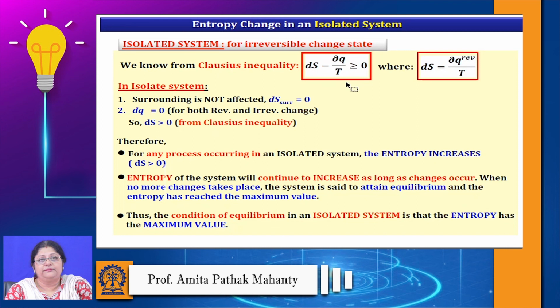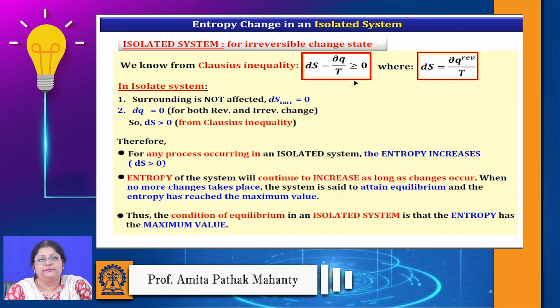That means at that time we can say that the dq irreversible part is not existing. I'm not able to make you understand until we write it down. It is difficult for you to understand. But as of now, we take one representation of the Clausius inequality as dS minus dq by T greater than or equal to 0, where dS is defined as dq reversible by T. If you remember this, when I talk about the Clausius inequality, it becomes more clear.